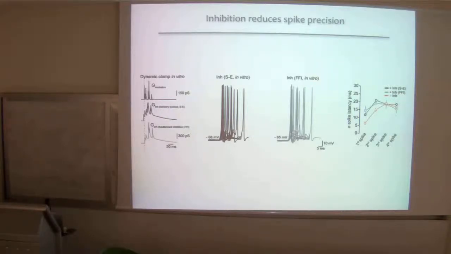So it's the converse of what you'd say. If classical feed-forward inhibition in cortex and hippocampus produces precisely timed spikes, the cerebellum seems to be the complete opposite. Golgi cell inhibition is actually increasing the variability in spike timing, which seems kind of odd.